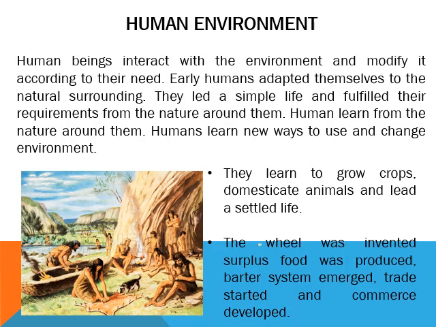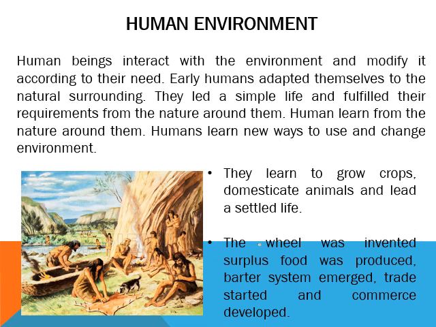Next one, human environment. Human beings interact with the environment and modify it according to their need. Early humans adapted themselves to the natural surroundings. They led a simple life and fulfilled their requirements from the nature around them.